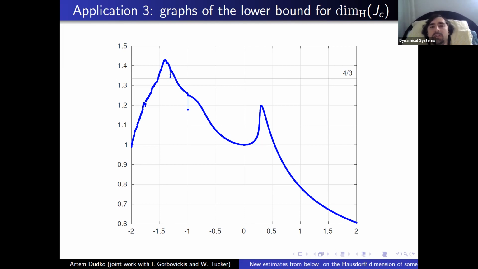We know that it is convergent for hyperbolic parameters and for parabolic parameters, but because the speed is different, it's natural that for each of the lower bounds we can get a sequence of these graphs.